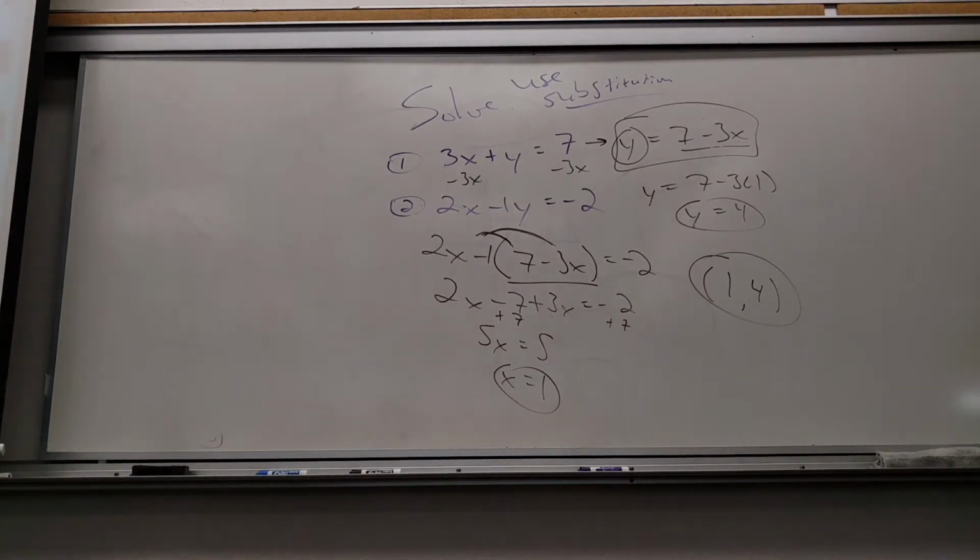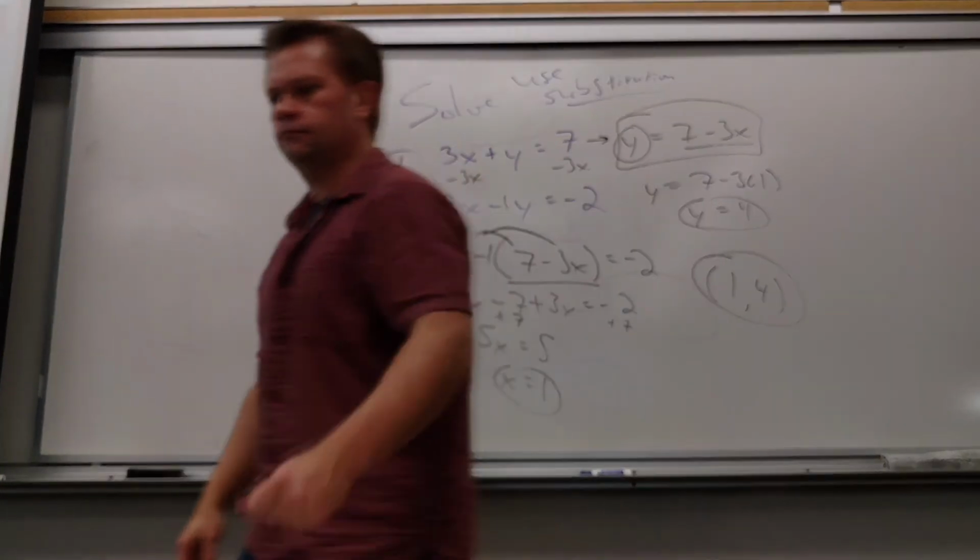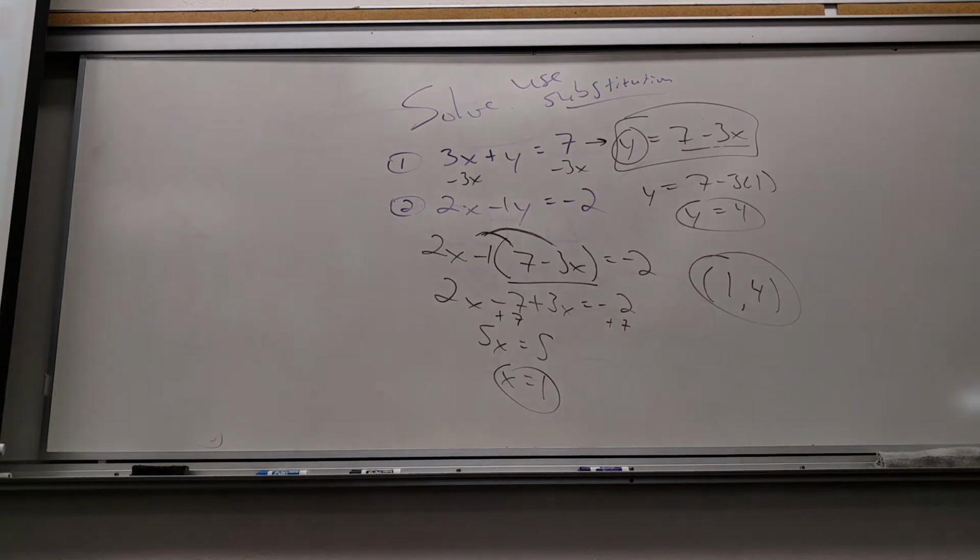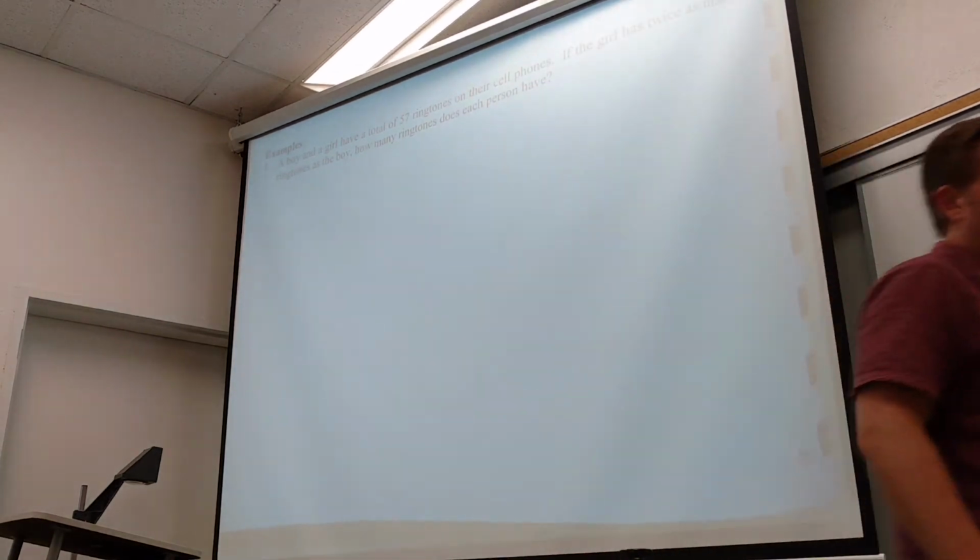What page is that? 79? Alright, so let's try to set this up. Most system of equation word problems are very nice. I know you guys don't believe me. Blue book 64? Okay, thank you.